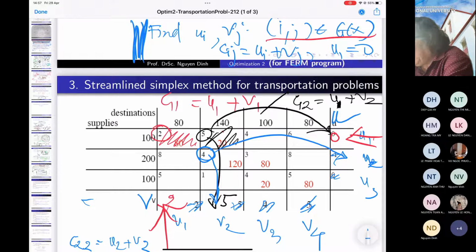So what is it? U2 should be what? It's 1? Not 1, because 1 plus 5 is 6. So it should be what?